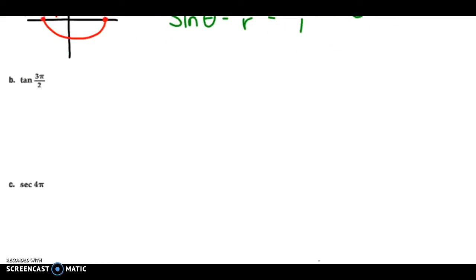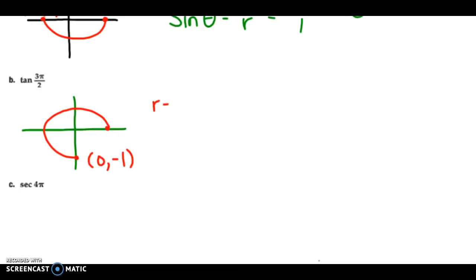Now let's look at tangent of 3 pi over 2. I draw my circle. I start here at 1, 0. I go up pi over 2, 2 pi over 2, which is just pi, 3 pi over 2. This is the point right here, 0, negative 1.